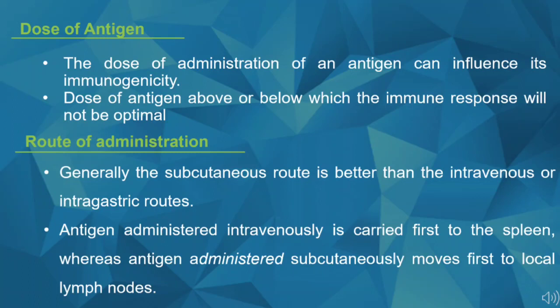Above or below a certain dose, the immune response will not be optimal. And the last one is route of administration. Generally, the subcutaneous route is better than the intravenous or intragastric routes. Antigen administered intravenously is carried first to the spleen, whereas subcutaneous antigen moves first to the lymph nodes.